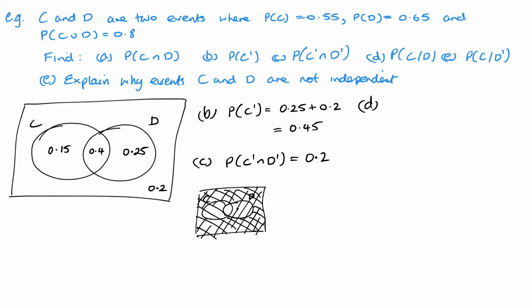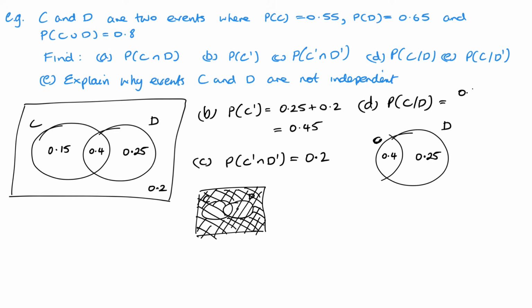Let's do D. Probability of C given D. So that again is very straightforward. Given D, we narrowed it down to this bit, which means it's 0.65. And C within this is that 0.4. So this is what we're looking at.